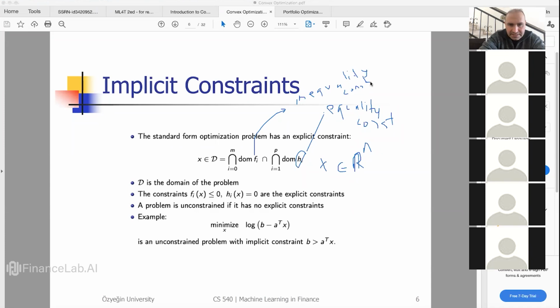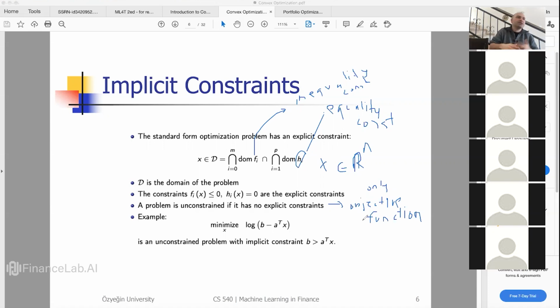These are explicit constraints, so we explicitly mention these constraints. They cannot be deduced from the problem definition. A problem is said to be unconstrained if there's no explicit constraint. So for instance, if a problem is made up of only the objective function, then the problem is unconstrained.